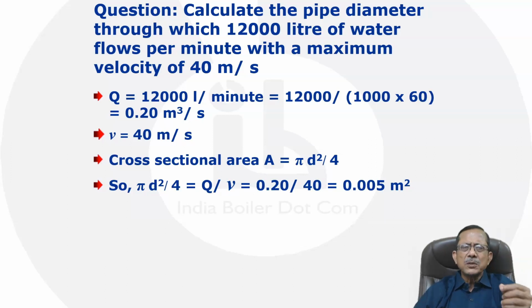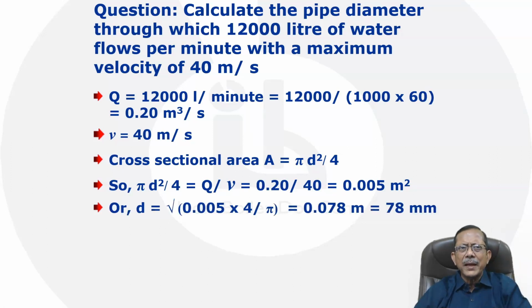I get 0.005 meter square. Now once I know this area, I can find out the diameter by just solving the equation. So it will be 0.005 into 4 divided by pi, and since it is d squared, the square root of the whole thing. I am getting a diameter of 0.78 meter.